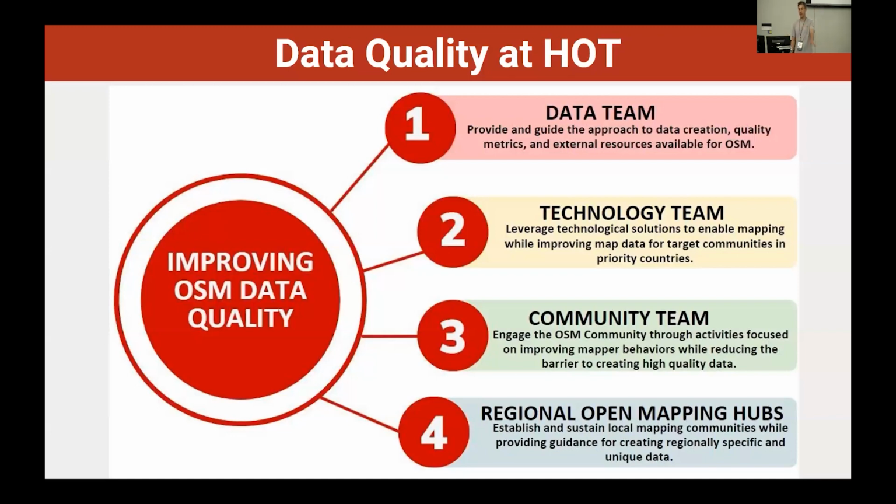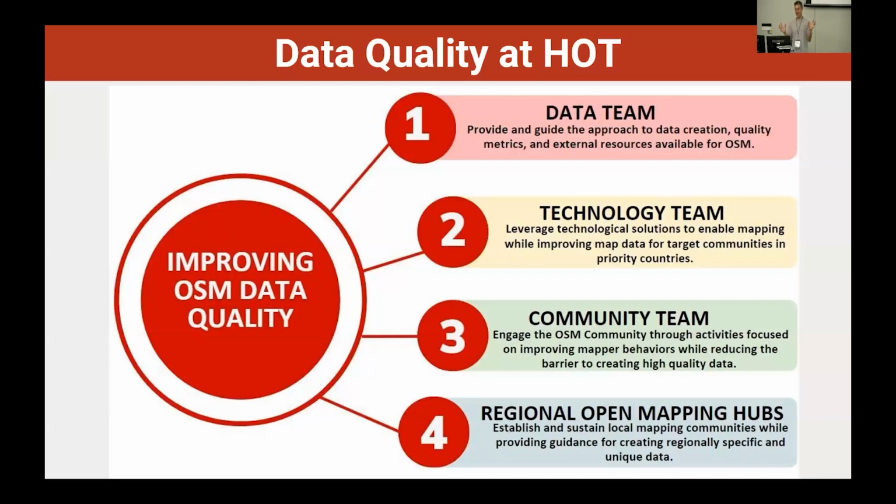The community team at HOT is responsible for reaching out and working with the community, and they'll get involved with the OSMF data working group and things like that. They're making sure that their tools are used by the community, gathering feedback and making necessary changes. And then there's the regional open mapping hubs. There are four open mapping hubs located in Asia Pacific, Eastern Africa, Western Africa, and Latin America and Caribbean.